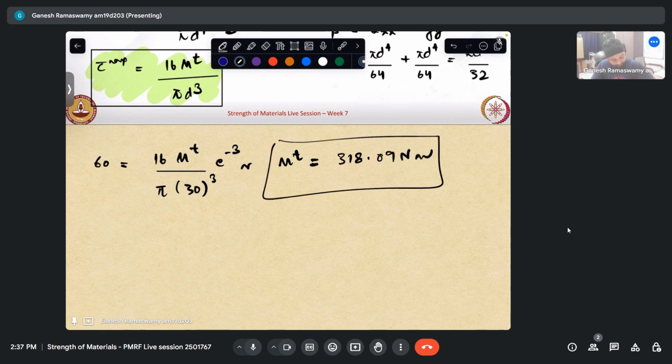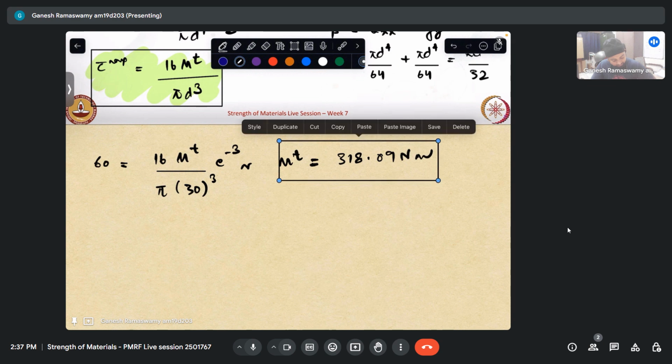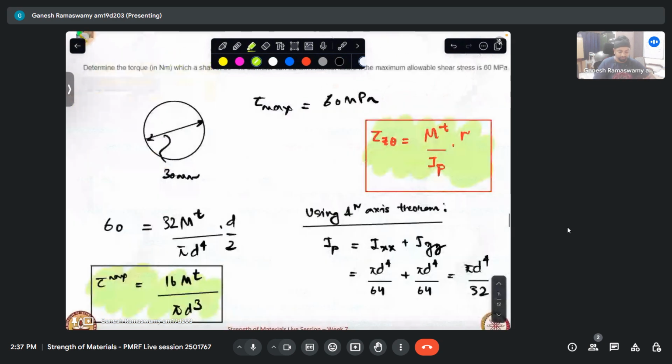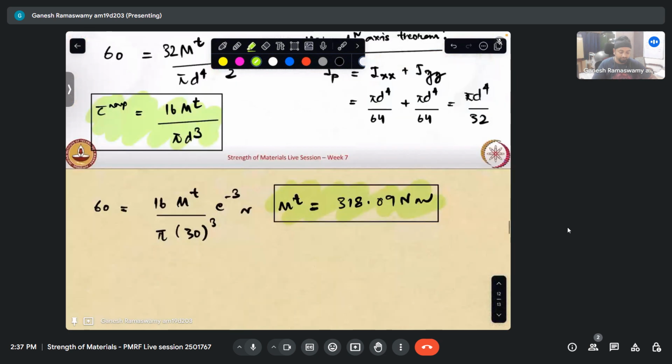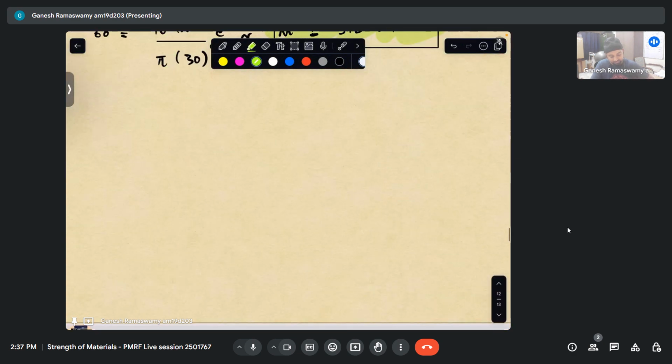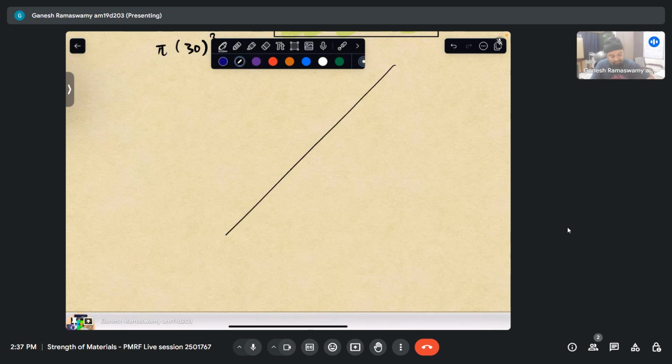So what this implies is, if we were to apply a twisting moment of magnitude less than this, then it will not exceed its maximum stress. That will be safe from the stress point of view.